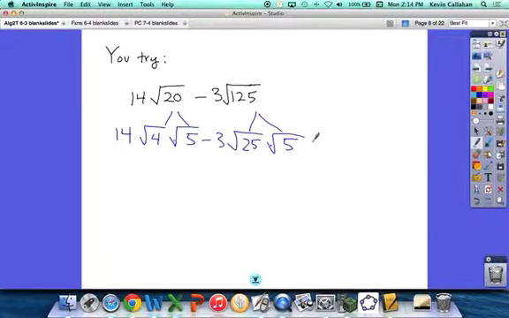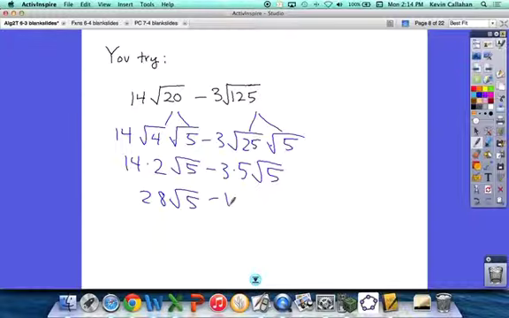Simplify. 14 times 2 times the square root of 5, minus 3 times 5 times the square root of 5, which is 28 times the square root of 5 minus 15 times the square root of 5. How many square roots of 5 are there? 13. 28 minus 15.